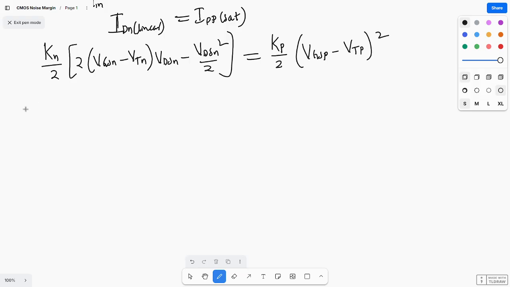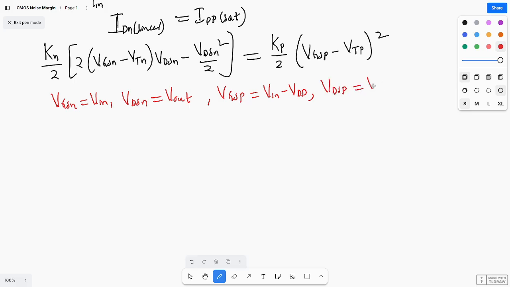We already saw that VGSN equals Vin, VDSN equals V out, VGSP equals Vin minus VDD, and VDSP equals V out minus VDD.